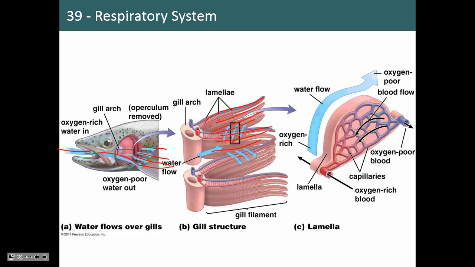If you've ever watched a goldfish sit in a bowl and just go like this with their sides, that's a structure called an operculum that covers the gills, and they can flap that operculum, creating a water current to wash the gills, so they can wash the carbon dioxide away without swimming through the water.